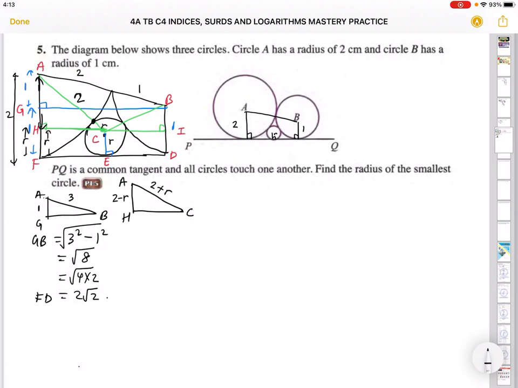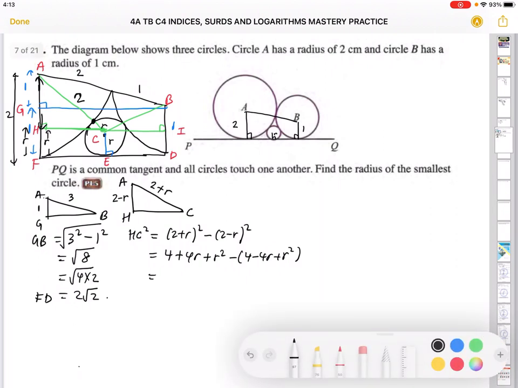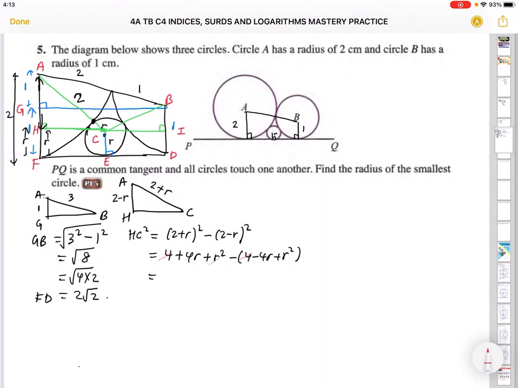So let's find HC. I'm going to write HC squared. It will be (2 plus r) squared minus (2 minus r) squared. So we just expand: 4 plus 4r plus r squared, minus 4 minus 4r plus r squared. Now I'm going to cut short my working because I can see that 4 minus 4 cancels out, r squared minus r squared cancels out.